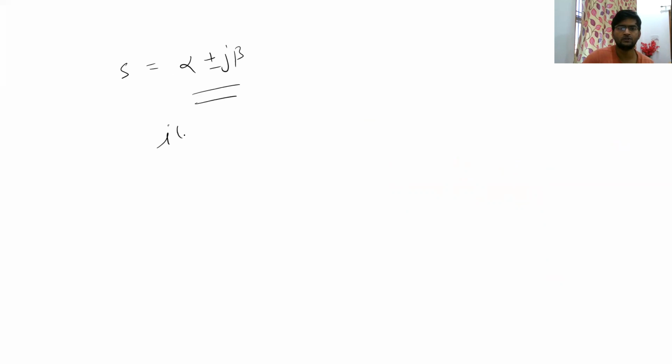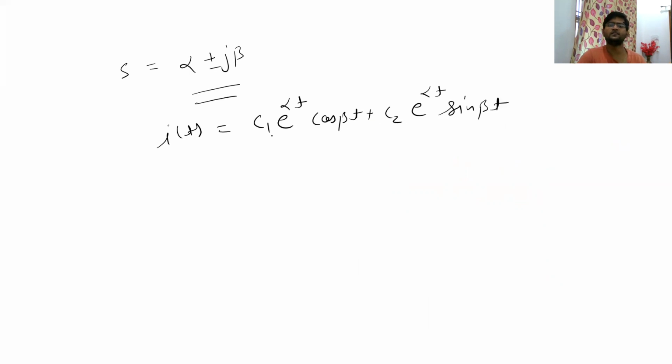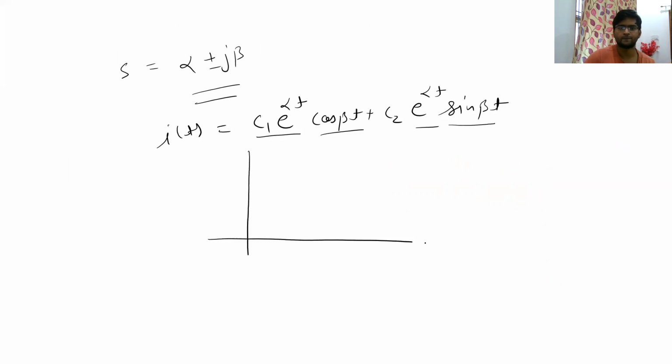Then your solution i(t) must be like this: C1 e to the power alpha t cos beta t plus C2 e to the power alpha t sine beta t. So one part is exponential and the other part is sinusoidal. If you draw the graph for this, you will find something like this.